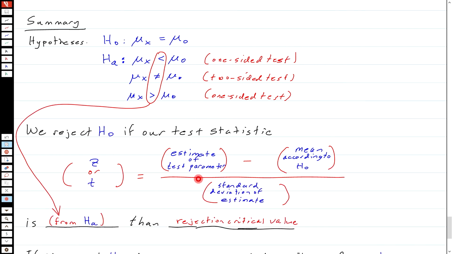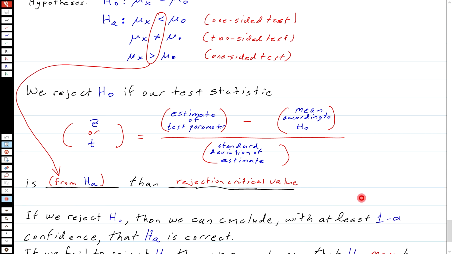And we reject H naught if our test statistic, something equals something minus something over something, is beyond some rejection critical value, which is going to be Z or T at some alpha or alpha by 2 probability, in the direction of HA.